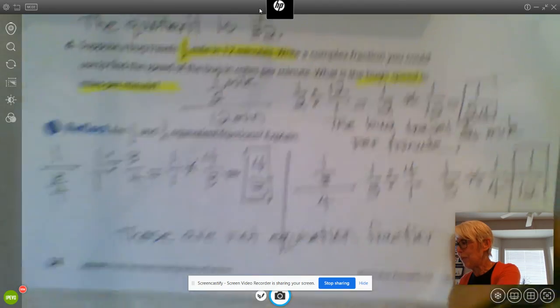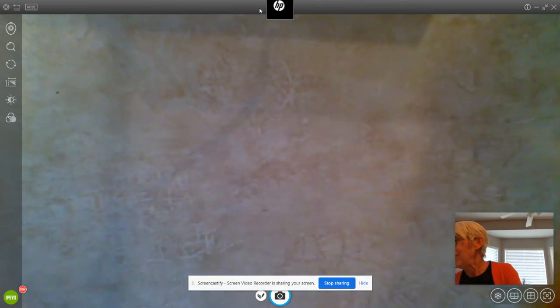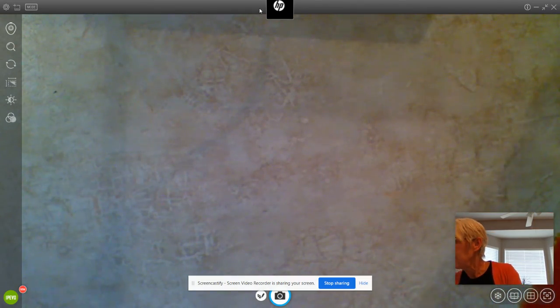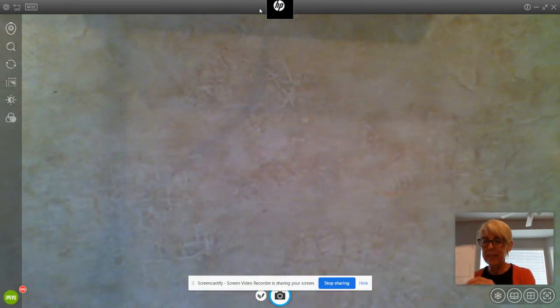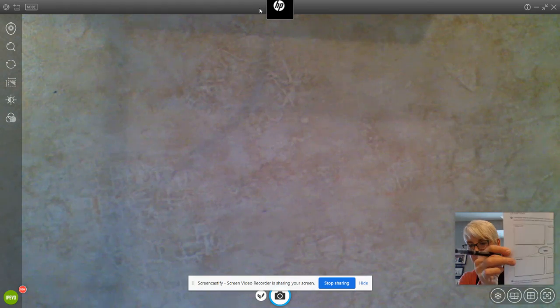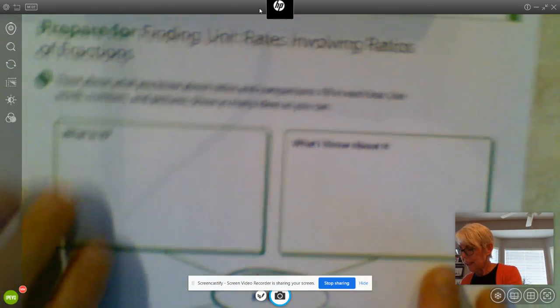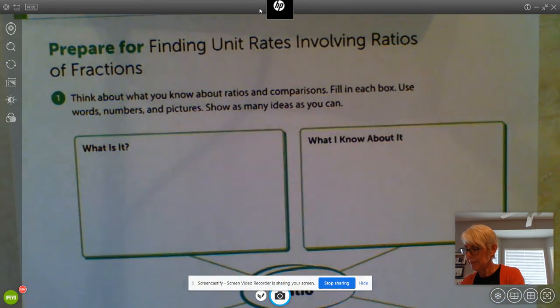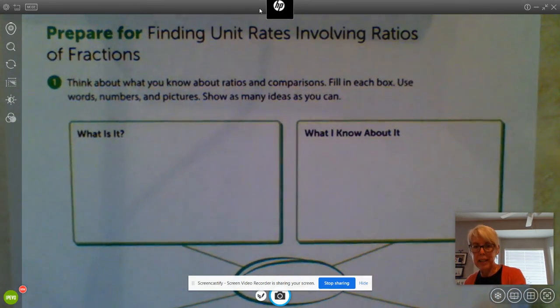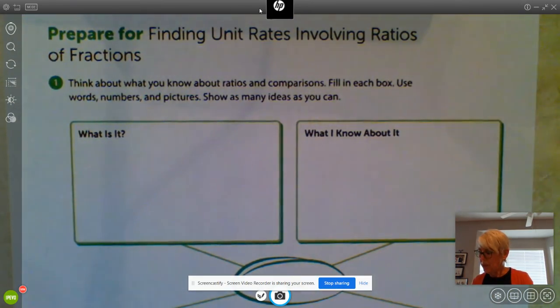All right, I'm going to shuffle papers again. And you're turning in your book to page 35. It looks like this. What we're going to be doing is some definition work with the word ratio. So we're going to prepare for finding unit rates involving ratios of fractions.